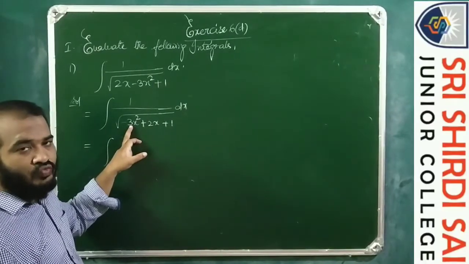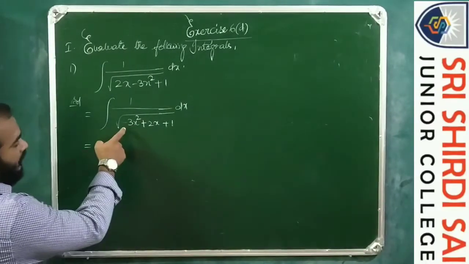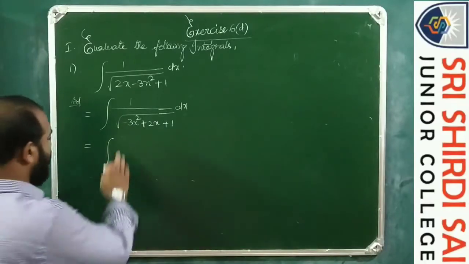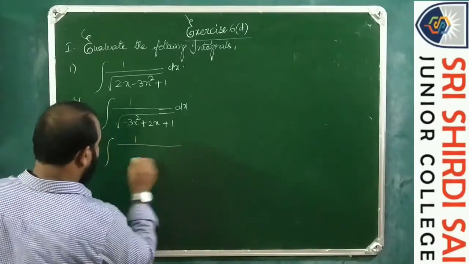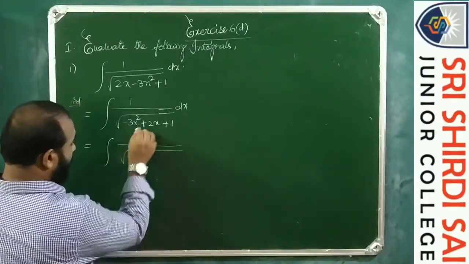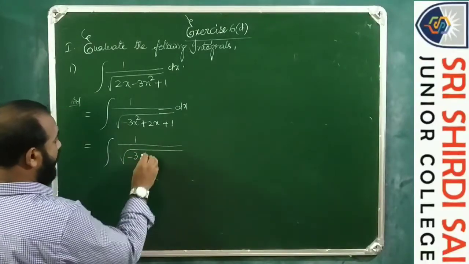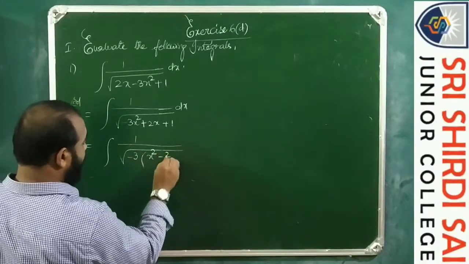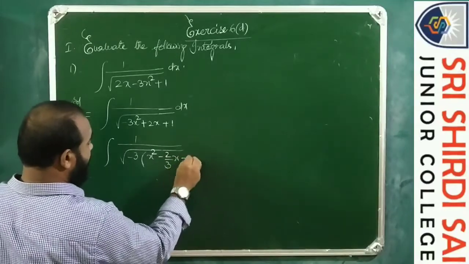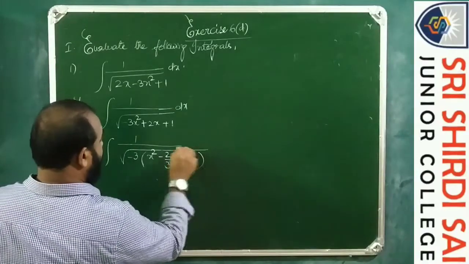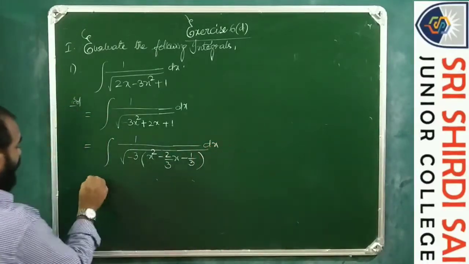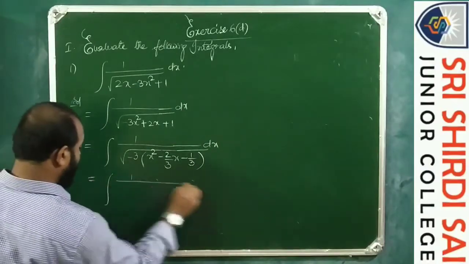So its coefficient is 1. For which let us take minus 3 as common. So this is integral under root minus 3, if I take common, then this is x square minus 2 by 3x minus 1 by 3 dx.